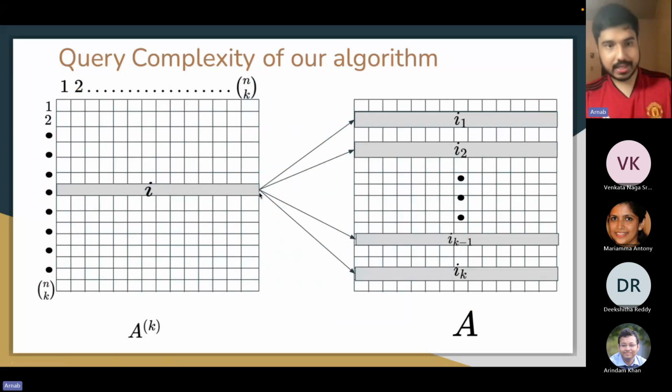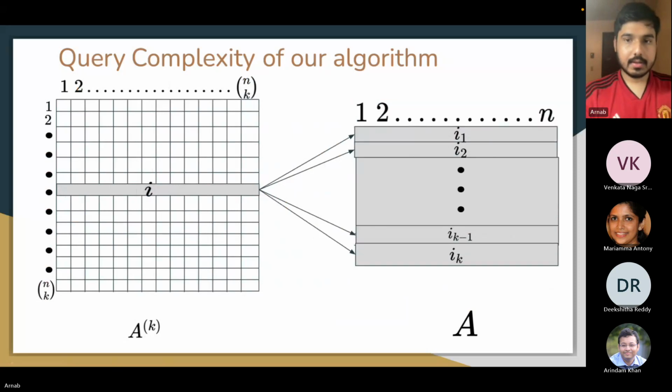But if you observe more carefully, this row I was mapped to some k row indices in the original matrix, and the values here are uniquely determined by these values only.